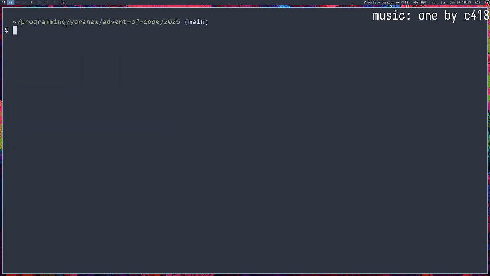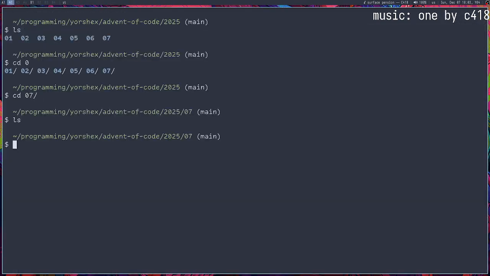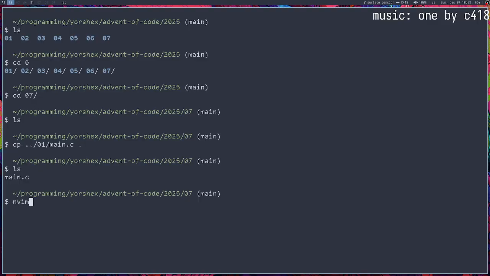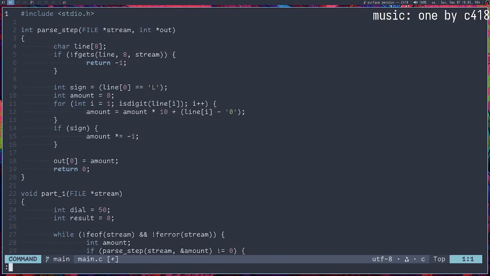So I created a directory for the 7th day. I'm simply going to copy a main file from the first day and remove some stuff.